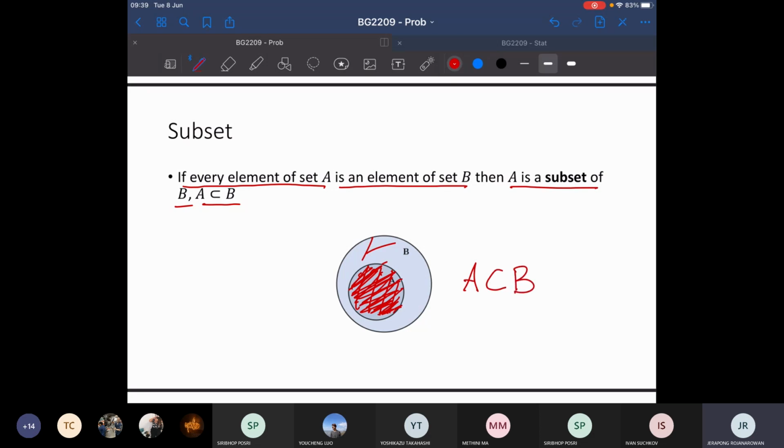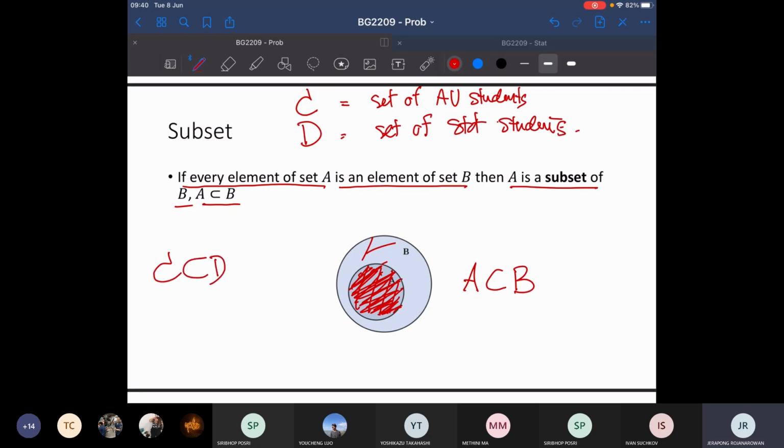For example, if C is the set of AU students, okay, and D is the set of this class, so in this case, is C a subset of D or D a subset of C?